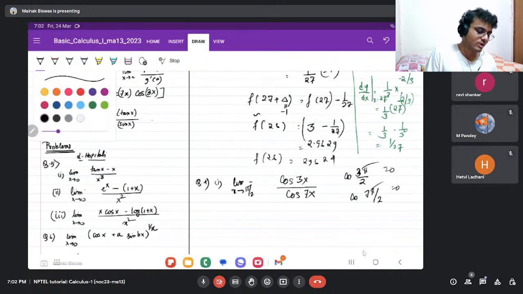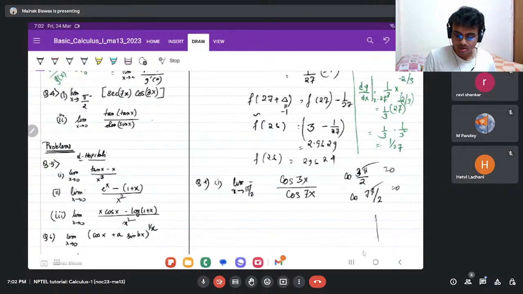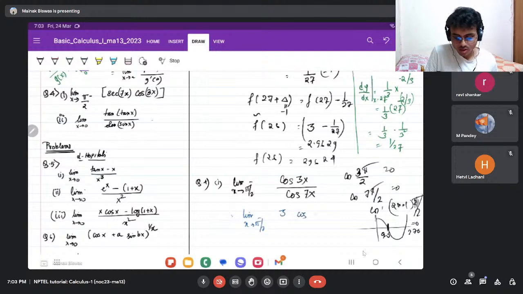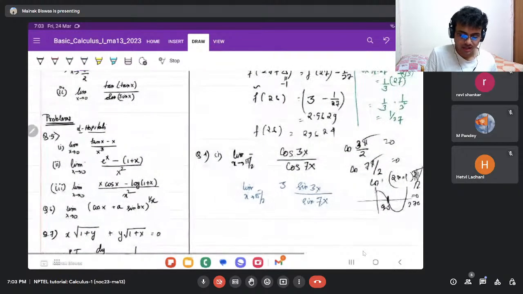So cos is 0 at 90 degrees, 270 degrees. So it's 0 at (2n plus 1) pi by 2, right? So what can I do using L'Hopital's rule? Just put 3 outside: sine of 3x by sine of 7x, right?